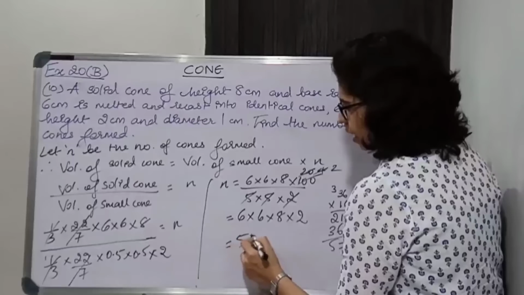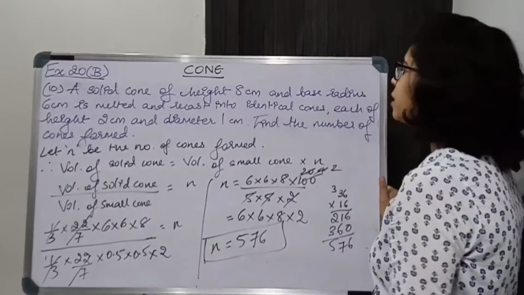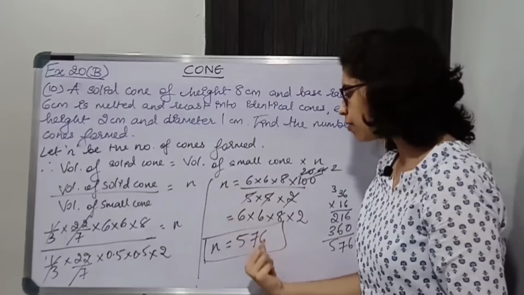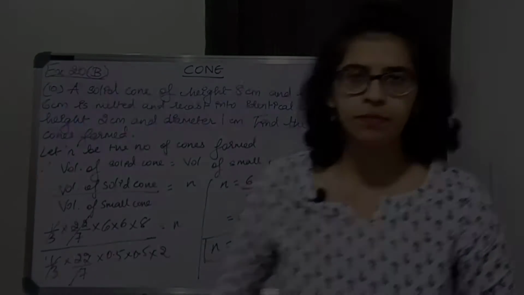This gives 576. So n is equal to 576. Therefore, the number of cones formed is 576. You have to write down the final statement.